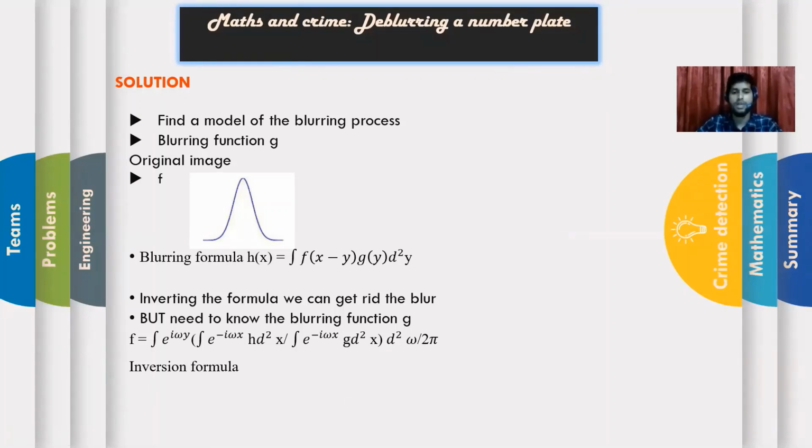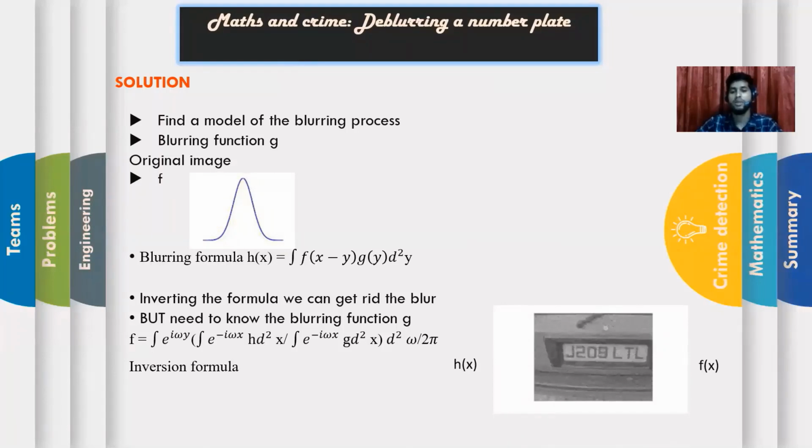By inverting the formula, we can remove the blur, but we need to know the blurring function g and a formula which is shown on the screen. By using Simpson's method, trapezoidal method or Weddle's method, we can solve this equation and find the blurring function, from which we can get the clear photo of the blurred photo of that car. And using this, the police can catch the robber.